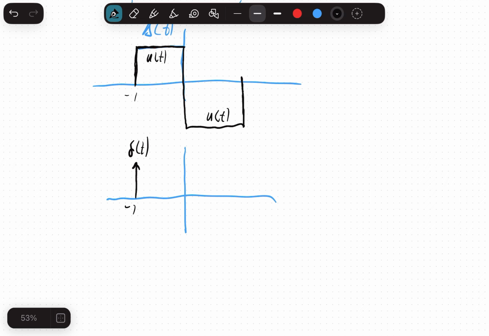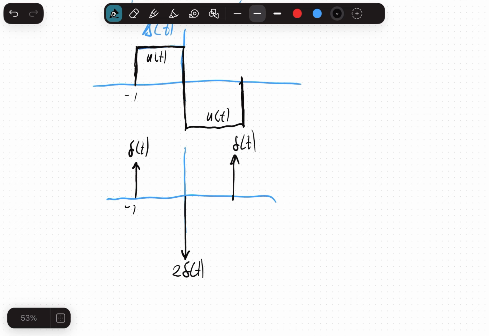Then you will have it go down 2 units, which looks like 2 times an impulse, and then back at 1 it rises again to 0, so you have another impulse moving upward.